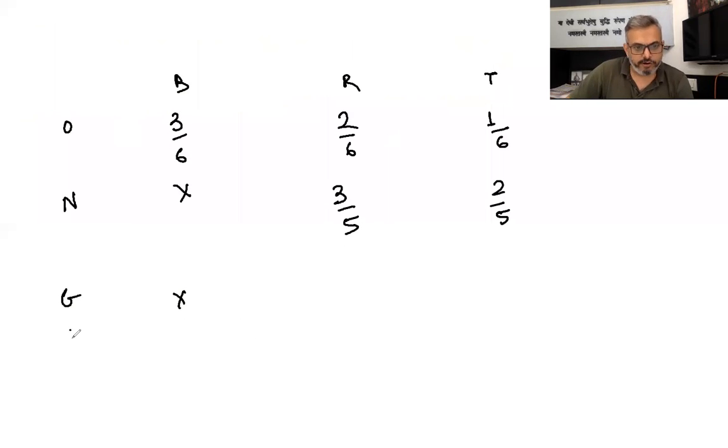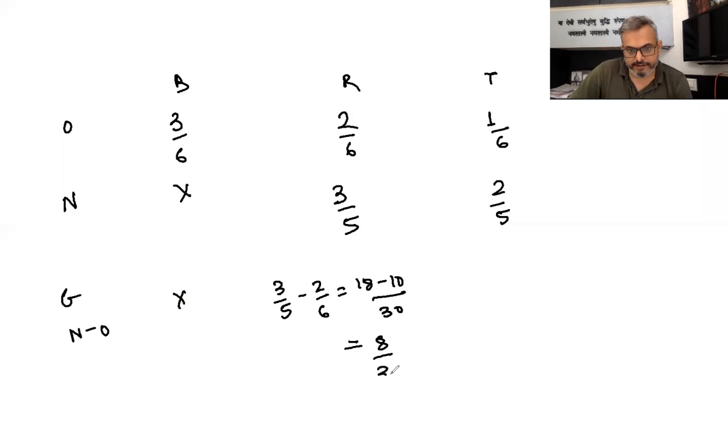Gain is what? New minus old. So new is 3 by 5 minus old is 2 by 6. We do cross multiplication here, no other option. 6 3s are 18 minus 5 2s are 10 upon 30. So 8 by 30. Let's calculate over here. 2 by 5 minus 1 by 6 is equal to 12 minus 5 by 30, which is equal to 7 by 30.